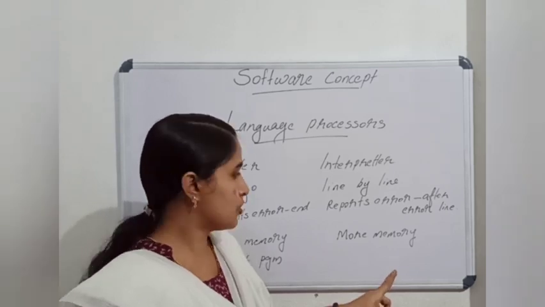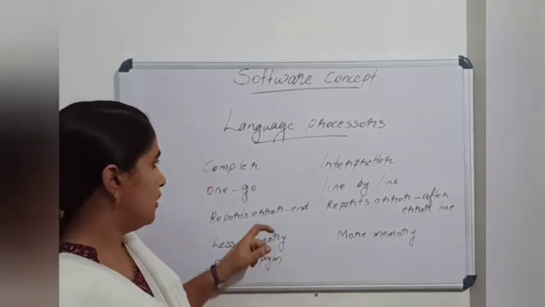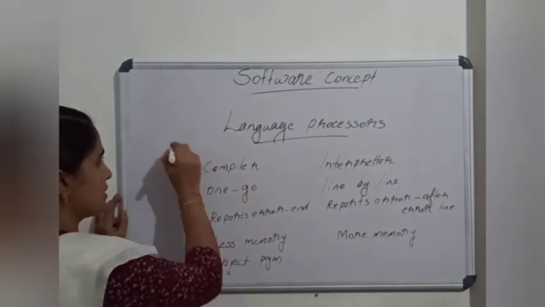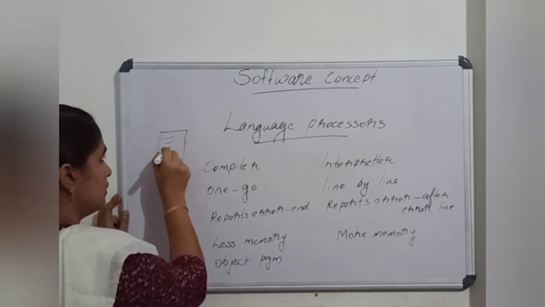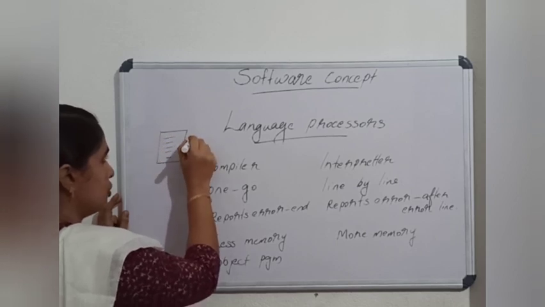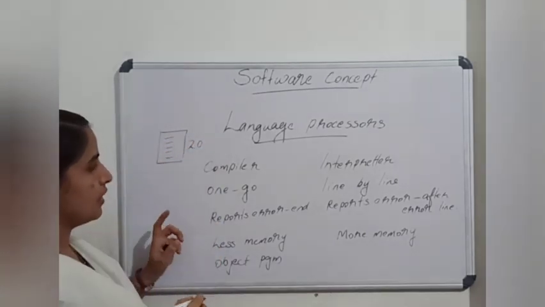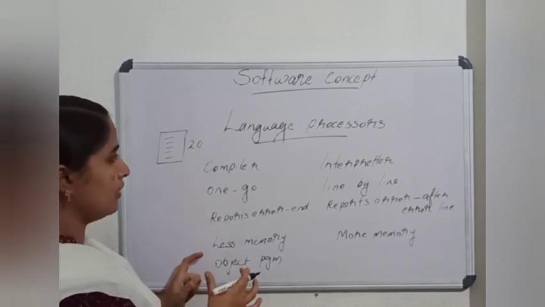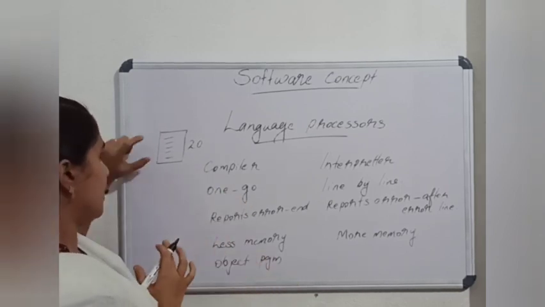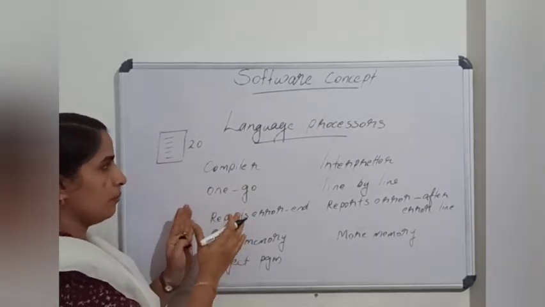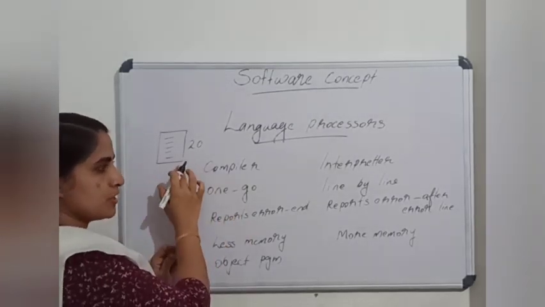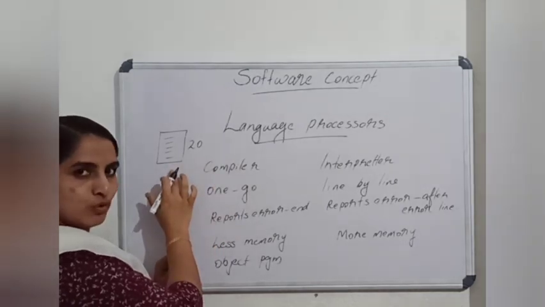This could be made clearer with the following example. Suppose this is your program with 20 lines. If you are using a compiler for conversion, then the compiler must be in computer memory, and your program also must be loaded in computer memory for execution.